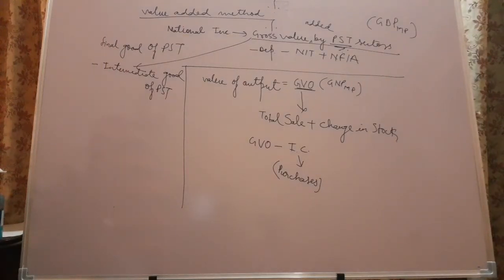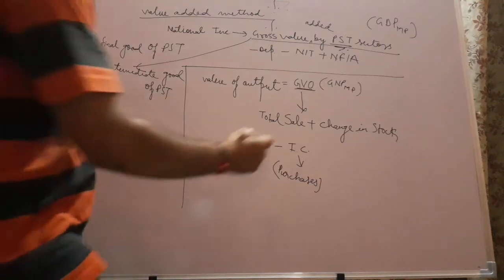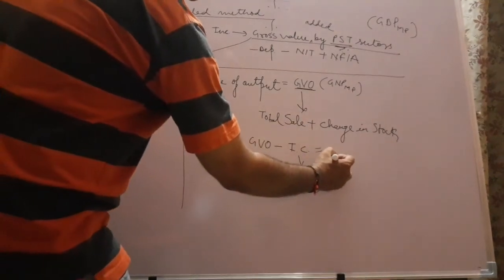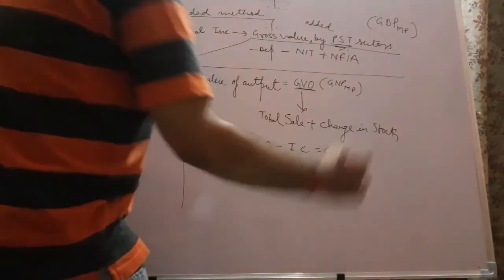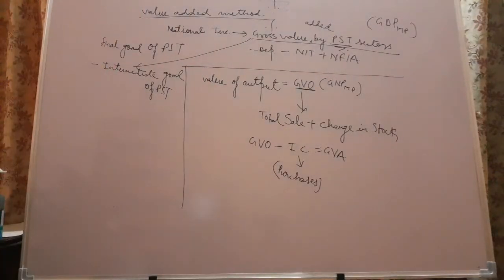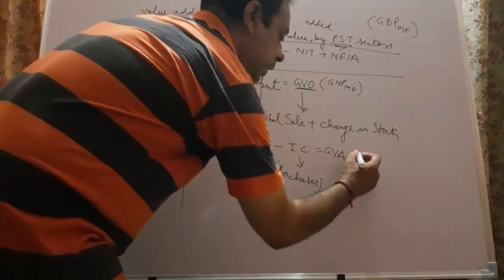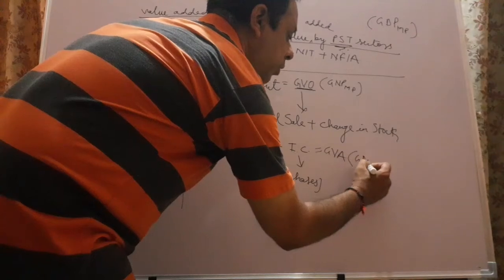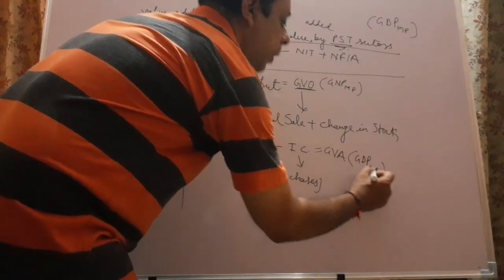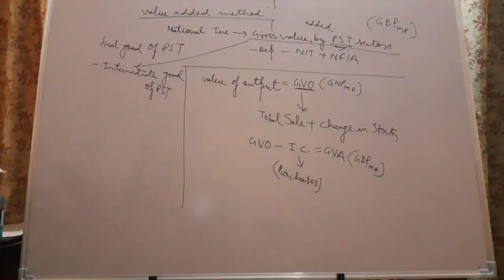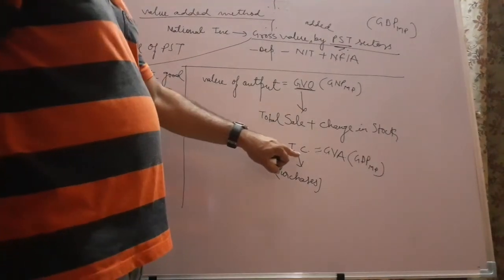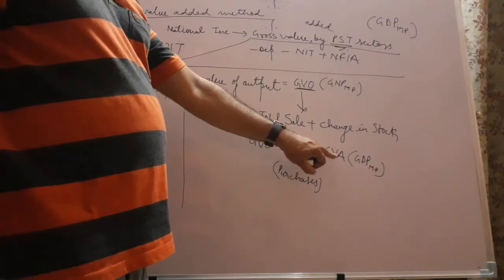So gross value output minus intermediate consumption, we get GVA, that is gross value added, and in aggregate terms it is known as GDP MP.